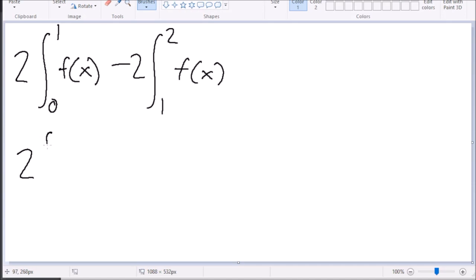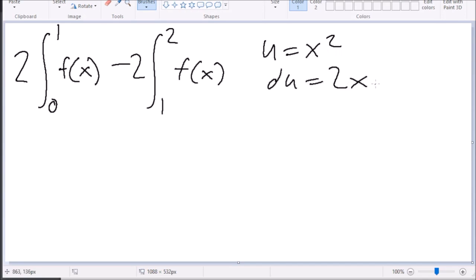So then we get 0 to 1. Again, we're going to continue the u equals x squared substitution. Just a reminder, du is equal to 2x dx, but I just never write that because of speed integration.